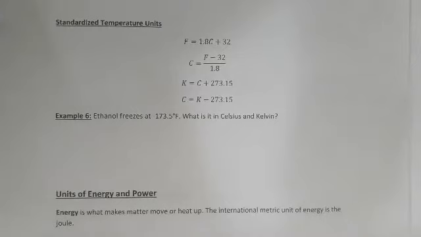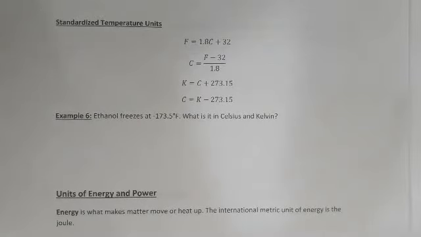Okay, so we did some standard, we did some metric, we did some standard geometric, and vice versa. And now we're going to do some temperature. There's Fahrenheit that we use mostly over here. There's Celsius that's used most other places. And then there's this thing called Kelvin that they derive to measure absolute zero, or where there is zero energy in an object.